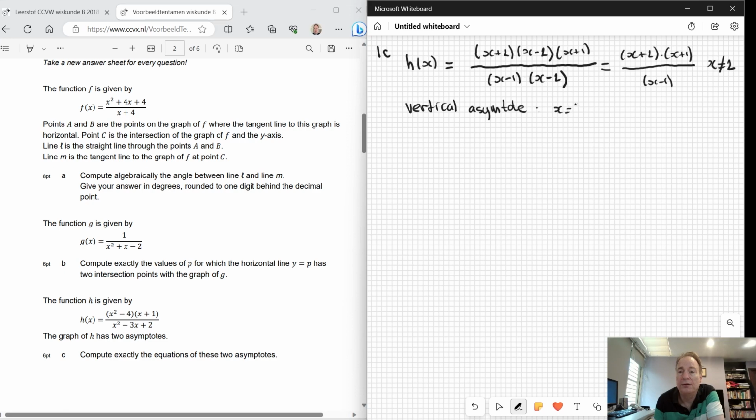So the vertical line x equal to 1, because you can see if I substitute x equal to 1, I get something non-zero divided by 0. So that will form a vertical asymptote.